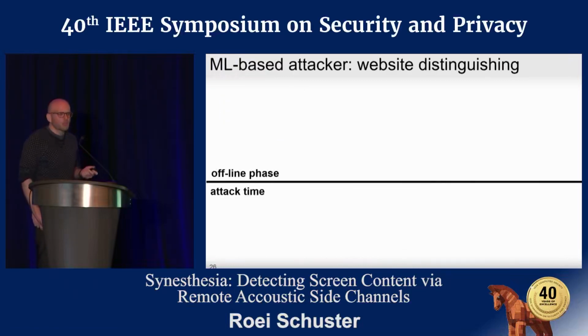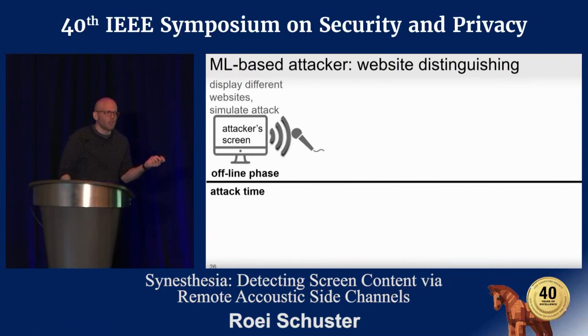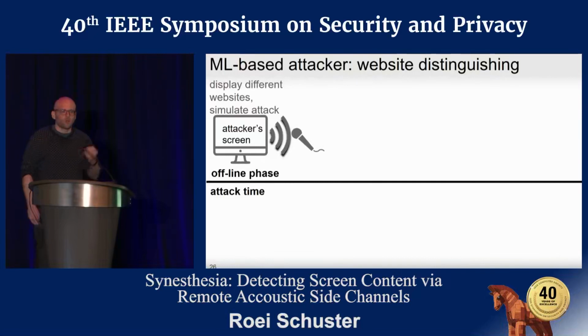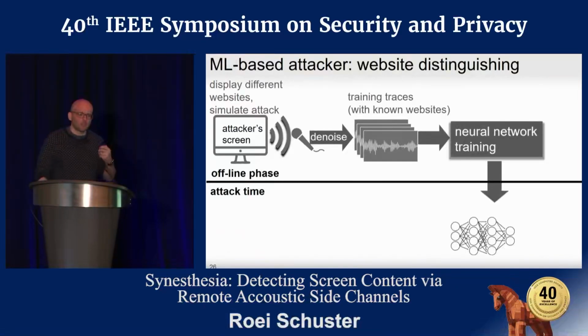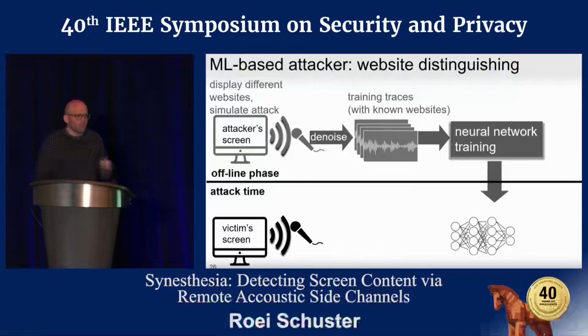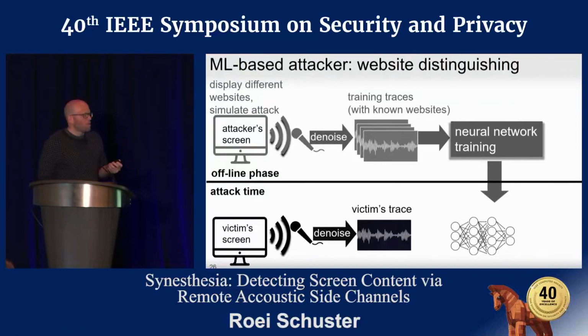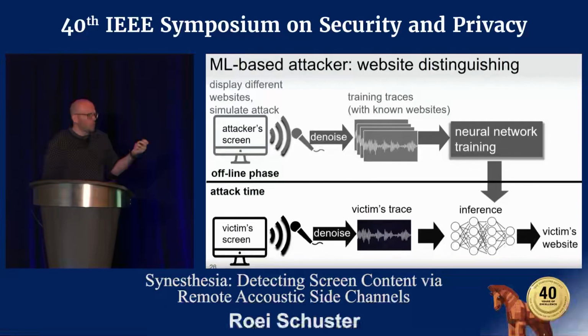Website distinguishing starts with the attacker displaying a bunch of websites on a training screen, and he records the traces of the screen while the websites are being displayed, and he attaches the identity of the website that was displayed to every trace, and he uses these traces to train a neural network, expressly trained to take a trace from the victim screen and tell what website the victim was on.